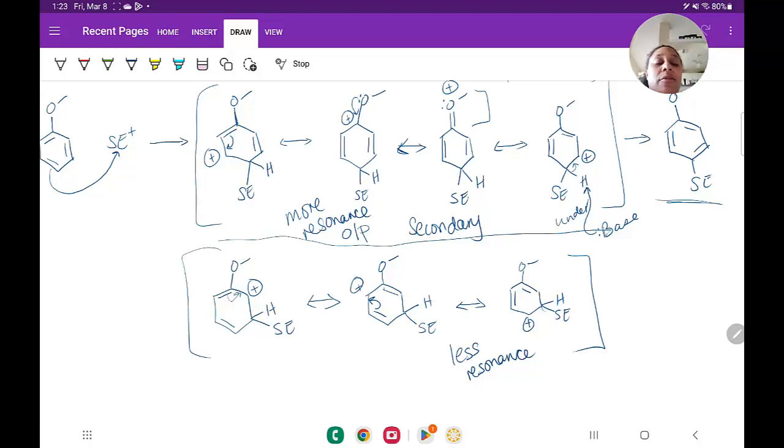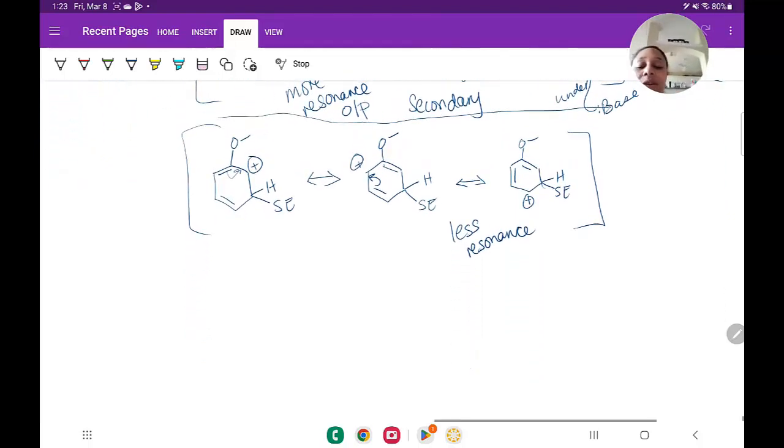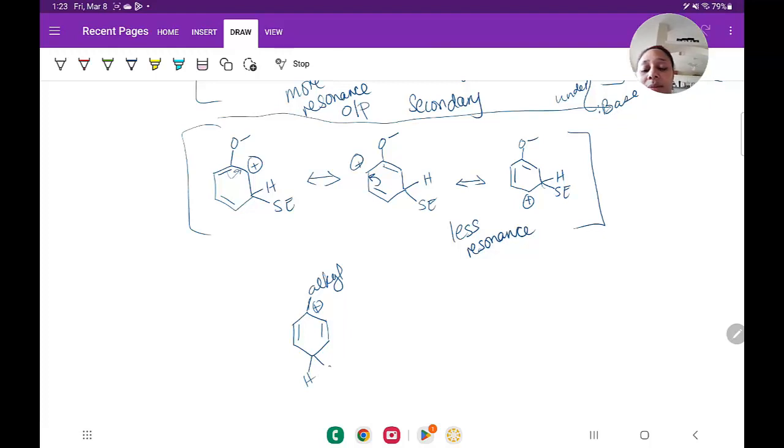Now, for the electron donating groups that are alkyl groups, so when we have alkyl, we don't have resonance, but we still do have hyperconjugation. And that hyperconjugation is donating electron density to the plus charge to stabilize.